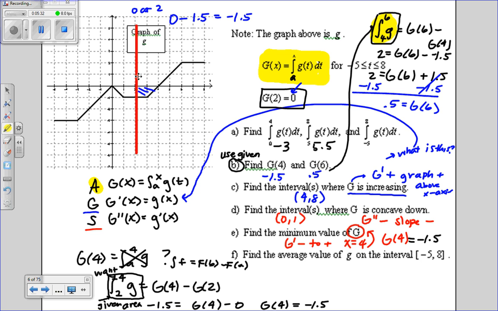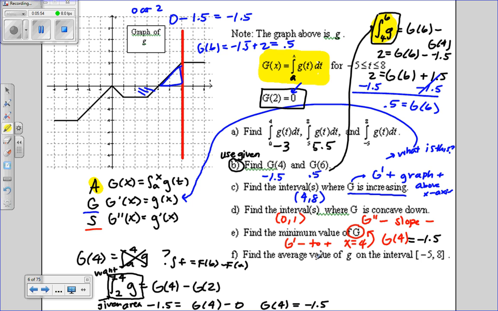And then if I keep on moving, I'm at negative 1.5, I add 0.5, so I'm at negative 1. I add 1.5, so now I'm at 0.5. So G of 6 would be your negative 1.5 plus this 2, so it's 0.5.